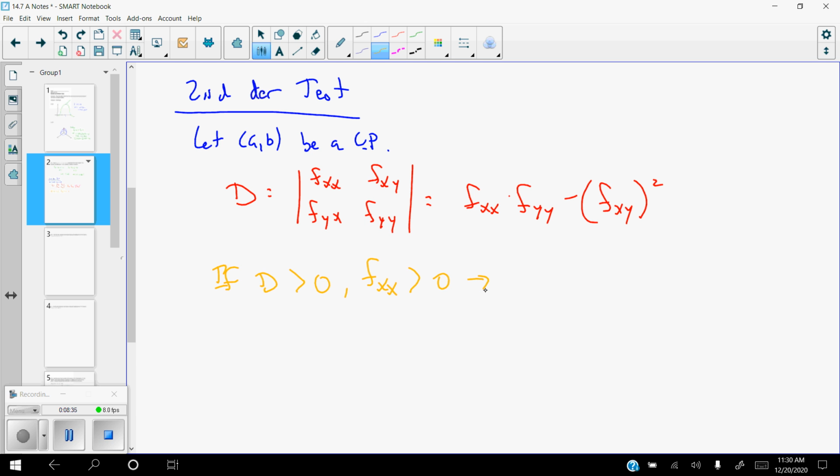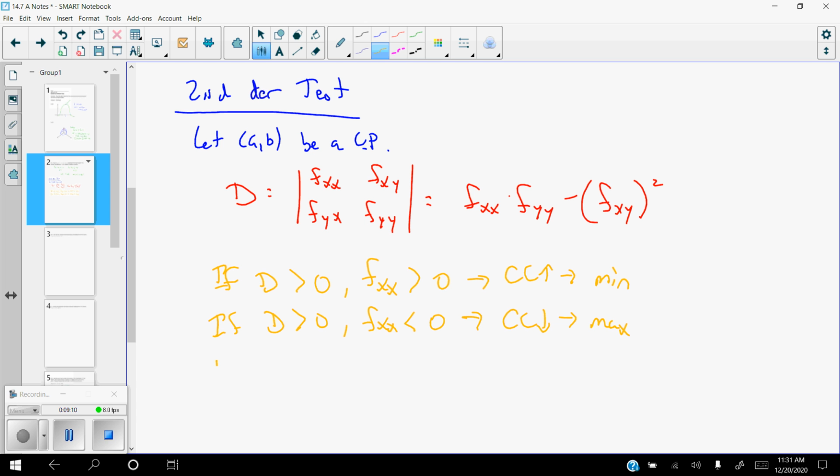The fact that the second derivative with respect to x is positive is going to tell us that it is concave up, which means that we're going to have a minimum. If D is greater than 0, again indicating a max or a min, but this time fxx is less than 0, then what that's going to tell us is that it is concave down, meaning we have a maximum.